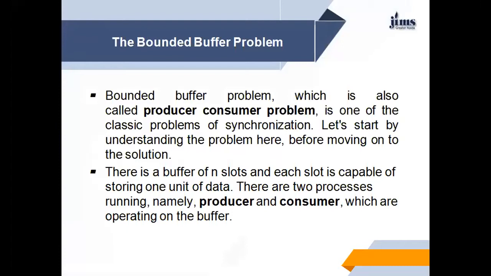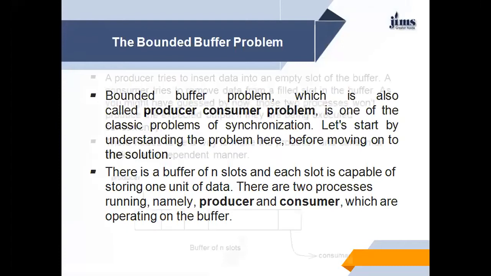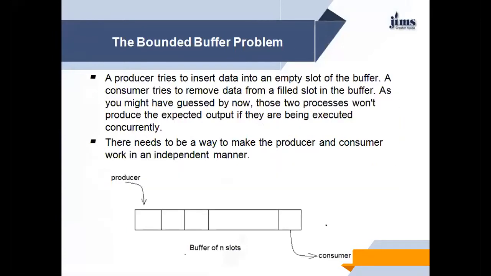One is called the producer process, producing something, and the consumer process, consuming something, which are operating on the buffer. You can see in this figure, there are the n slots, which you can say is the buffer. This is the producer process which is producing things, and the consumer process which is consuming things.